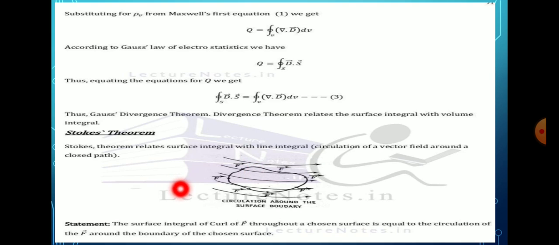Here is the surface integral of the curl of F bar; these are the field lines, and a closed surface is present. In that closed surface we consider the vector F bar. The statement of Stokes theorem is: the surface integral of the curl of F bar throughout the chosen surface is equal to the circulation of F bar around the boundary of the chosen surface.